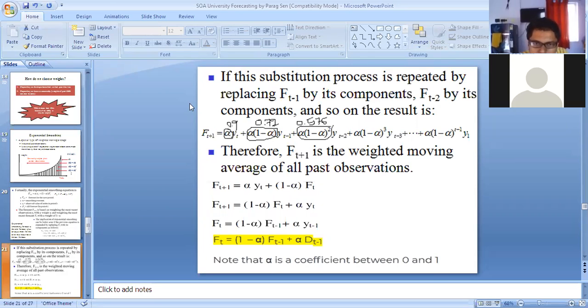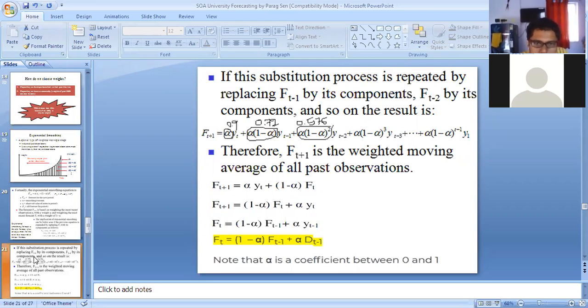This earlier equation you can also rewrite like this: F(t) equals 1 minus alpha into F(t-1) plus alpha into D(t-1). You are replacing y(t-1) by D(t-1), that is, the actual demand for the earlier period.